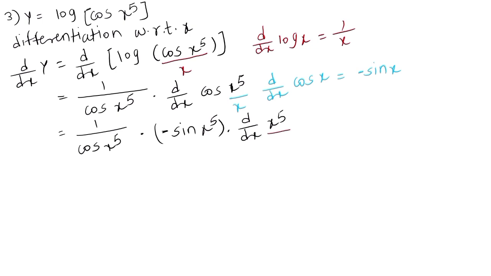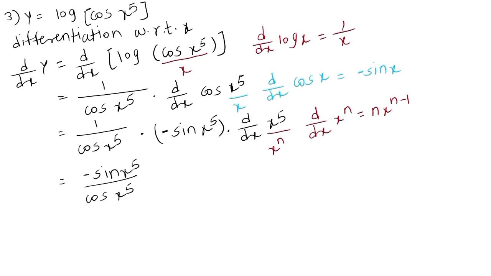This x raised to 5 can be solved with x raised to n formula. So differentiation of x raised to n is n x raised to n minus 1. We will put minus sign here at the start. Then sin x raised to 5 upon cos x raised to 5 into differentiation of x raised to 5 will be 5 x raised to 5 minus 1.